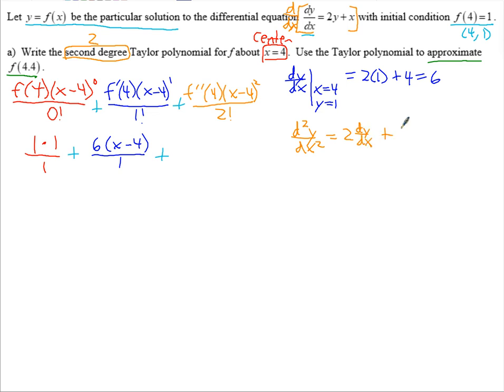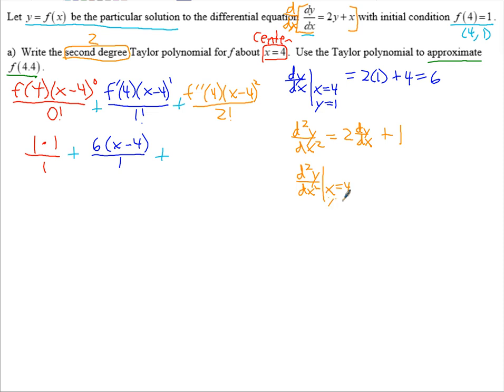If we needed to get the second derivative in terms of x and y, which sometimes you do, then we would have to substitute in 2y plus x in for dy dx. And you could still do that here. But this one's a little simpler because we just need to know what the value of it is specifically at 4. So you can actually substitute in right now, specifically when x equals 4 and y equals 1.